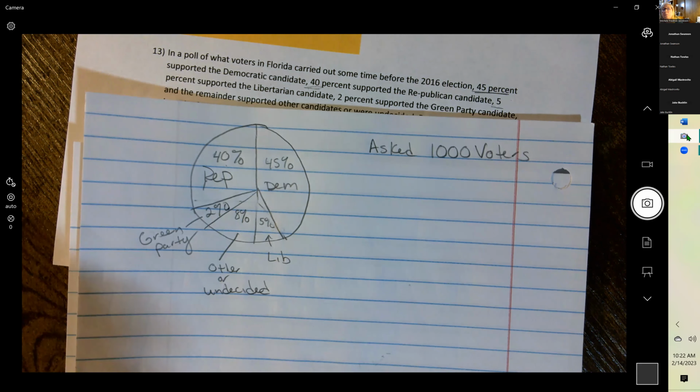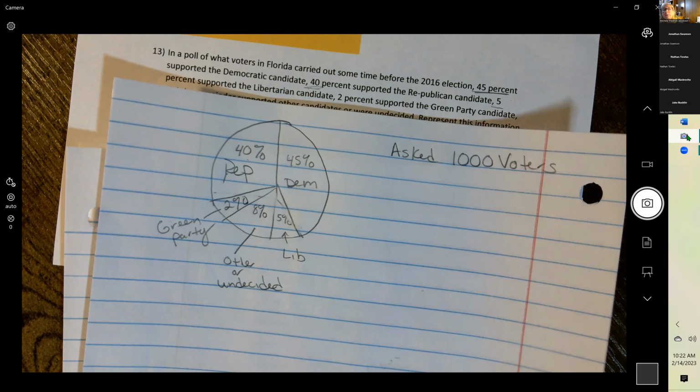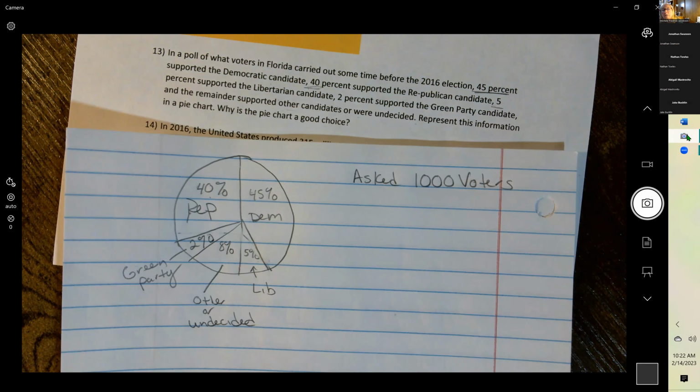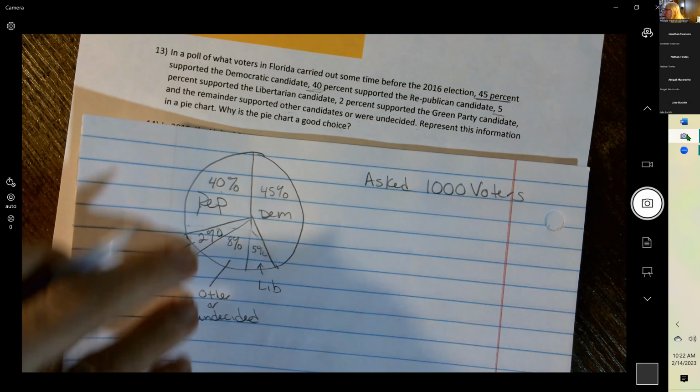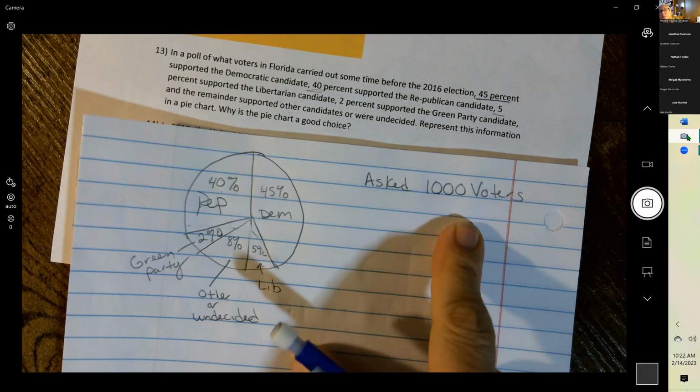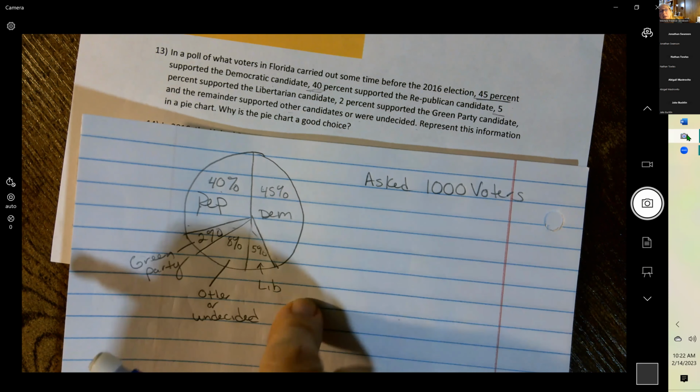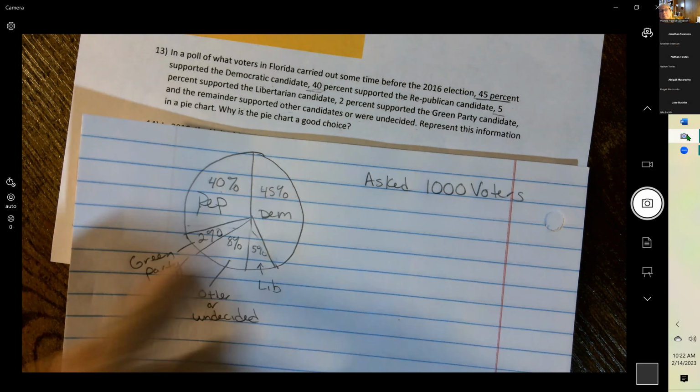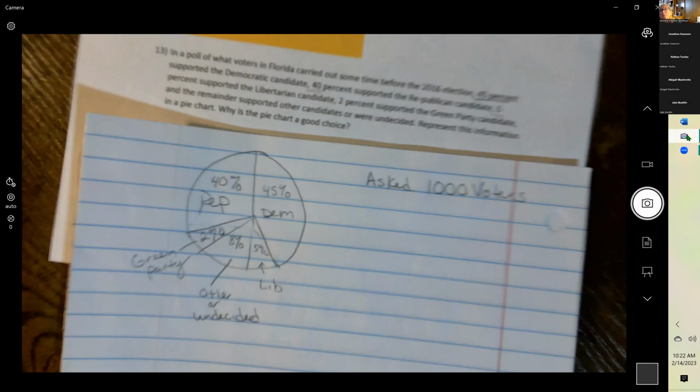Let's say they asked, are there any questions on the graph, first of all? If they asked 1,000 voters, how many of them were Democrat?